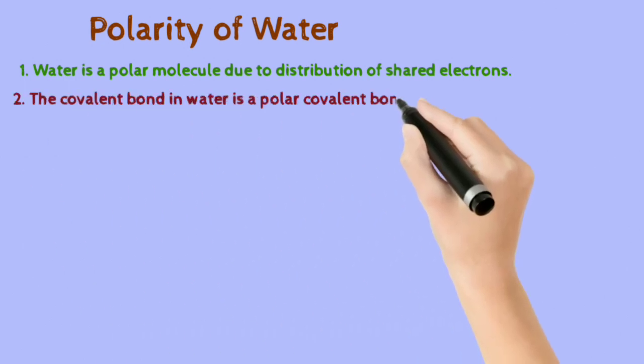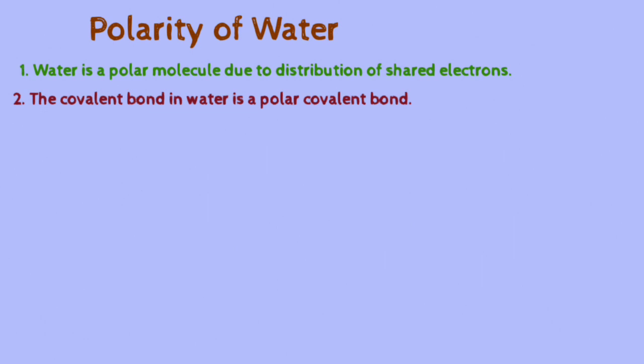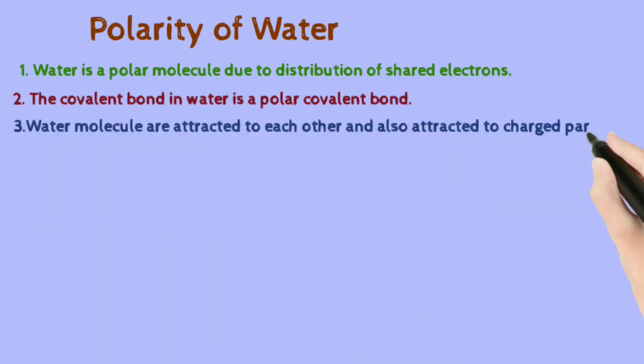The covalent bond in water is a polar covalent bond. Because of its polarity, water molecules are attracted to each other and also attracted to charged particles or charged surfaces.